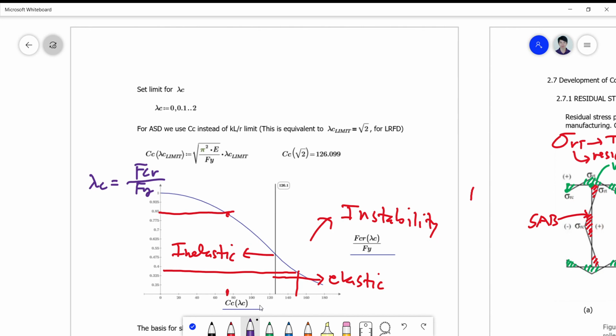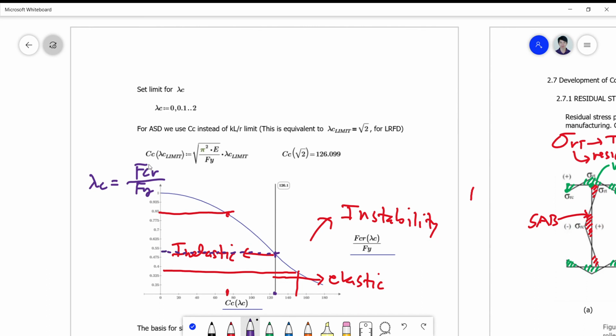Okay, against the C sub c limit defined on this axis. And what is your limit for C sub c? The limit for C sub c, if Fy is 36 ksi, I think is 126.1. Okay, so if I use this value of 126.1 here, I can get my value for Fcr over Fy to become almost 0.50.